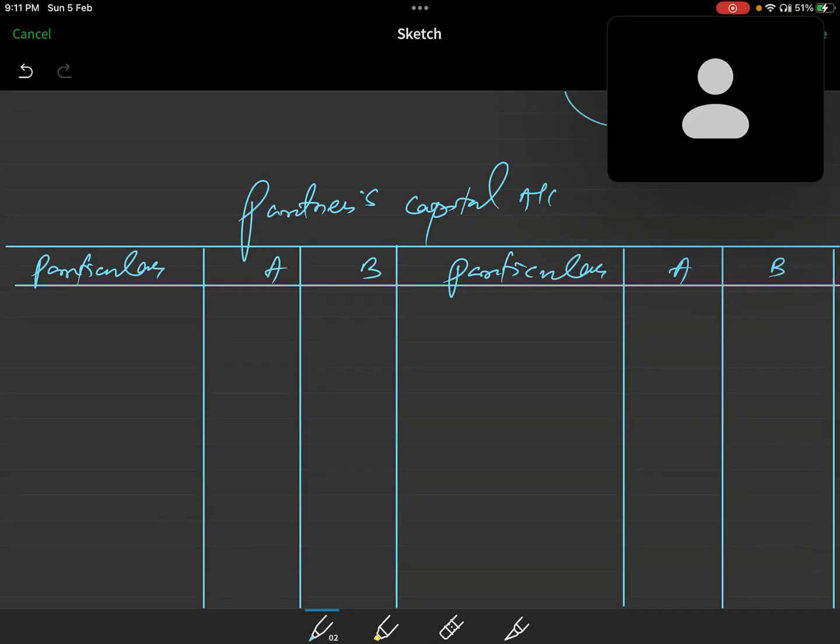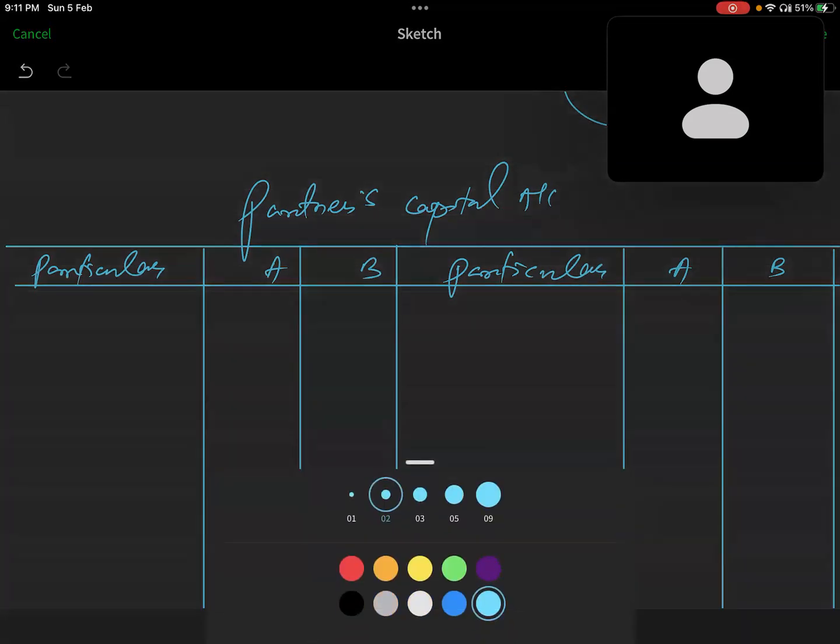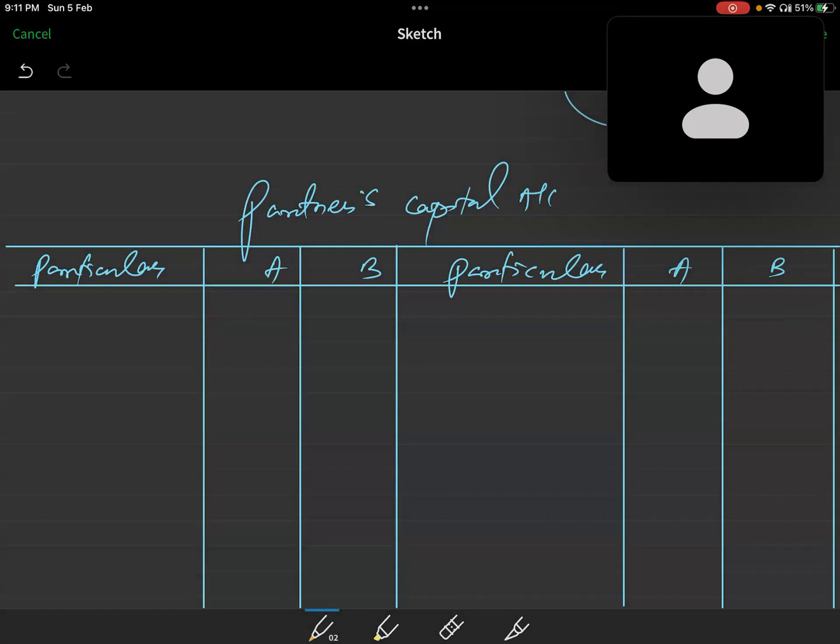Okay, so first of all, since we are preparing the partners' capital account on the basis of the fluctuating capital method, we'll write down the opening balances of the partners' capital account, which are already given in the question. So by balance b/d, this will be the opening balance, 50,000 and 30,000.